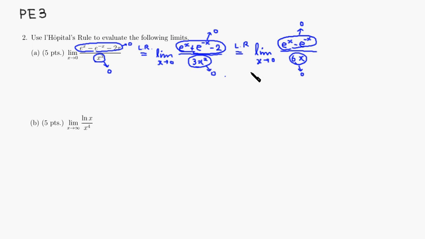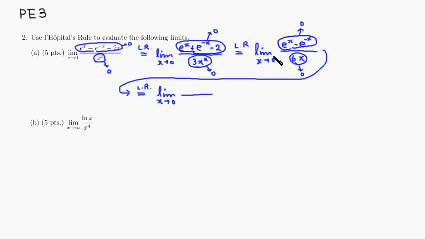So I'm going to go down here so that we have more room. Another application of L'Hopital's rule gives us the limit as x approaches 0. The derivative of the top is e to the x. There's a negative sign, so minus.